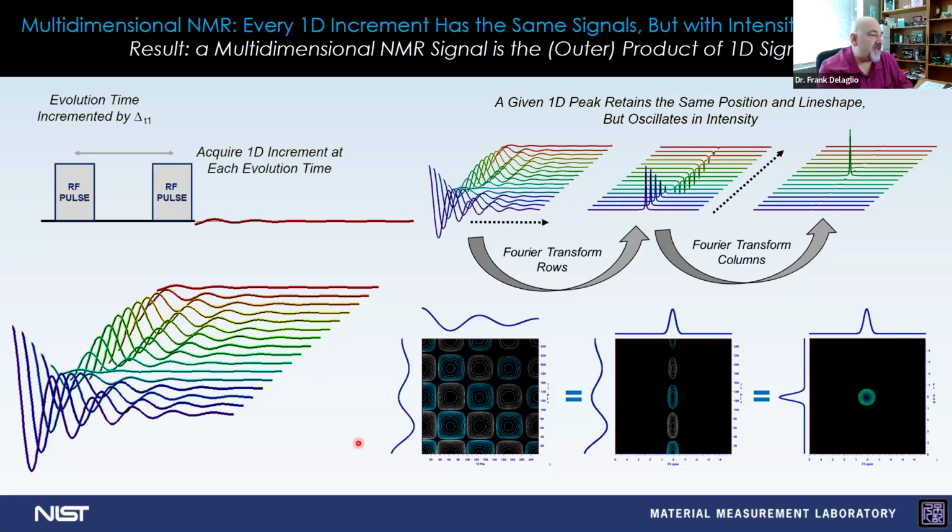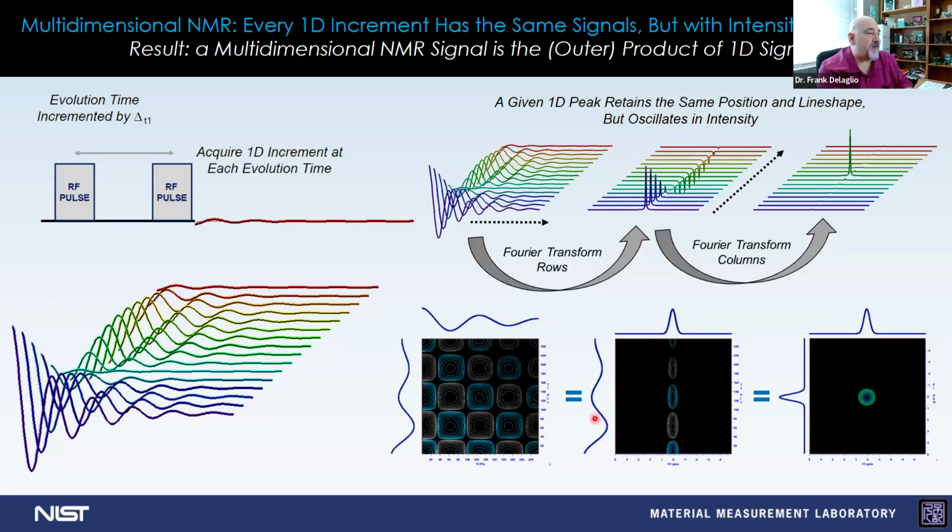So for example, in the case of a two-dimensional signal, we have a one-dimensional signal that gets modulated in the indirect dimension. And so for any one given signal, this entire 2D matrix can be described as the product of two one-dimensional functions, which in the time domain are time domain signals.